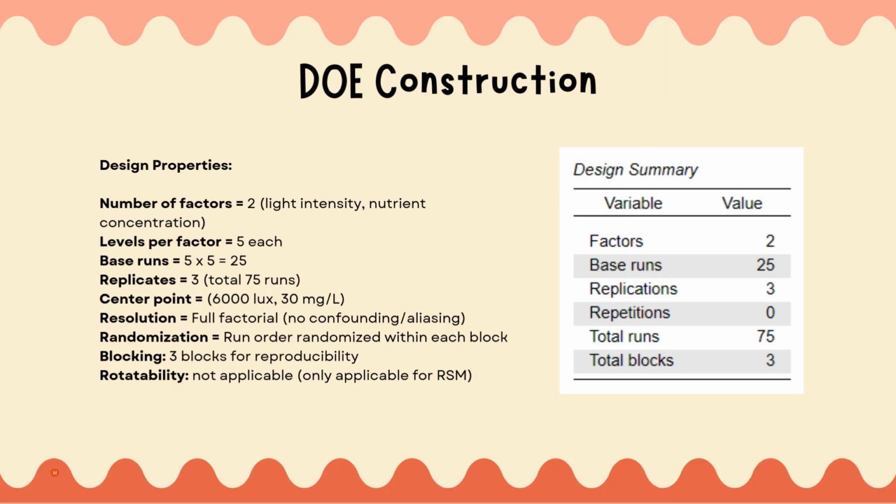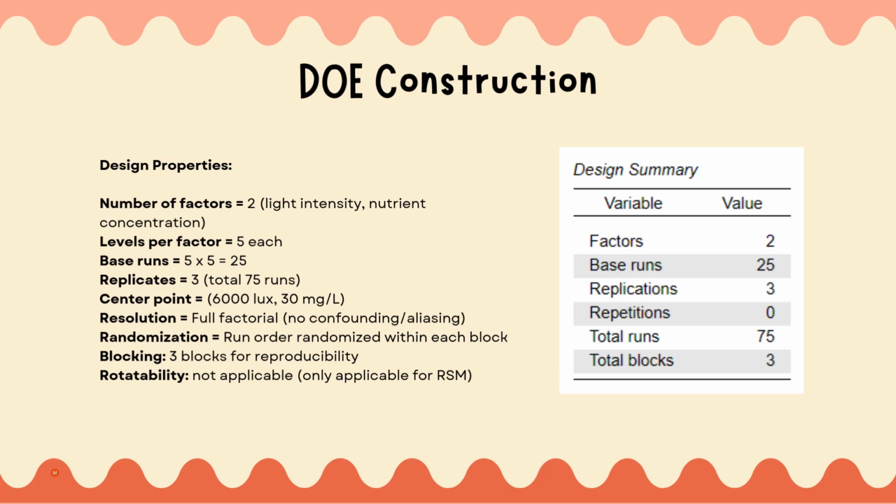And for center point, as mentioned before, the center point for this experiment is 6,000 lux and 30 milligram per liter. And then for resolution, we will conduct a full factorial, so it will not have any confounding or aliasing. And then for randomization, we are running the order randomized within each block.